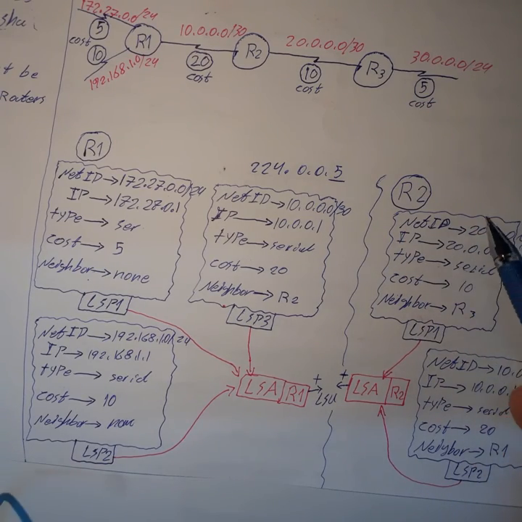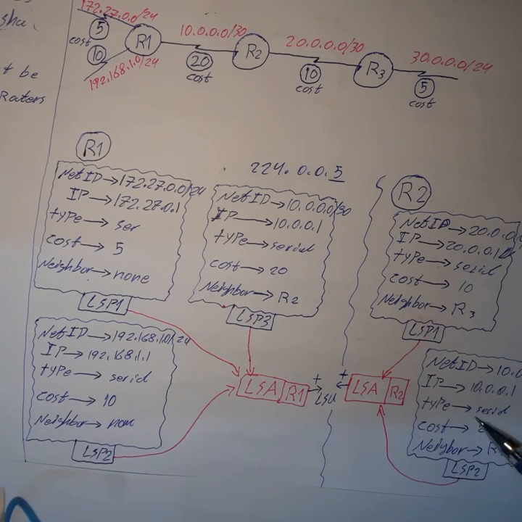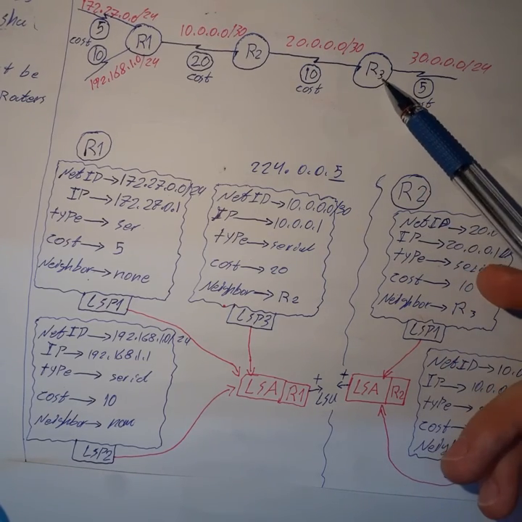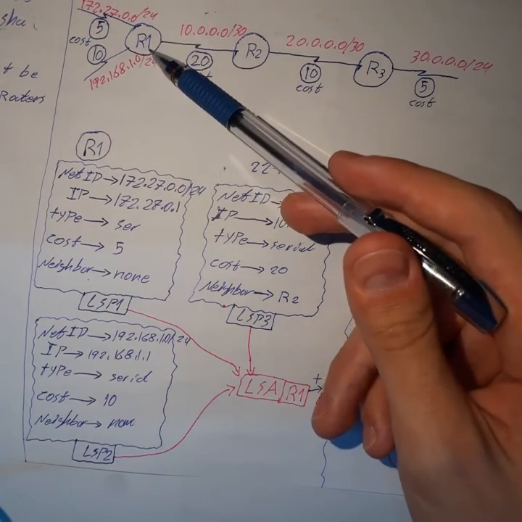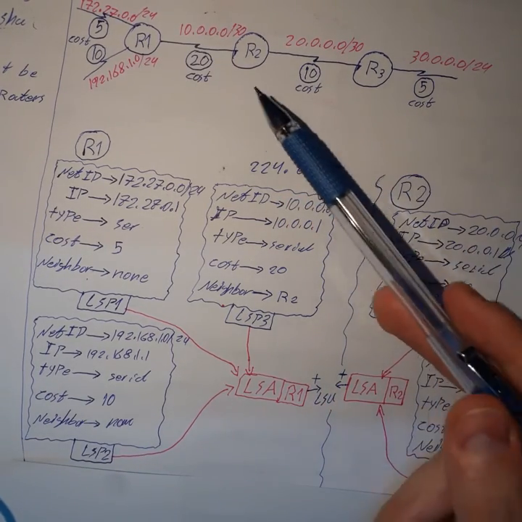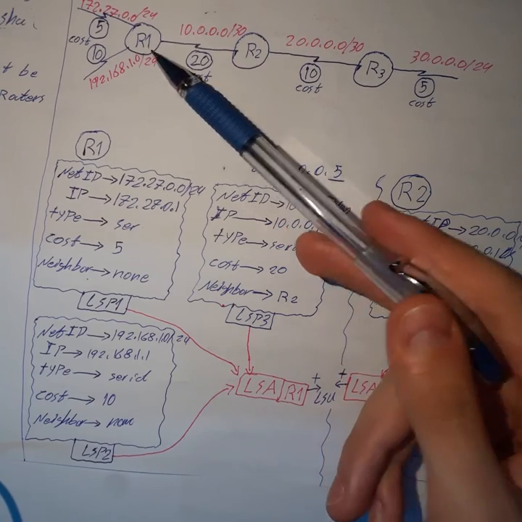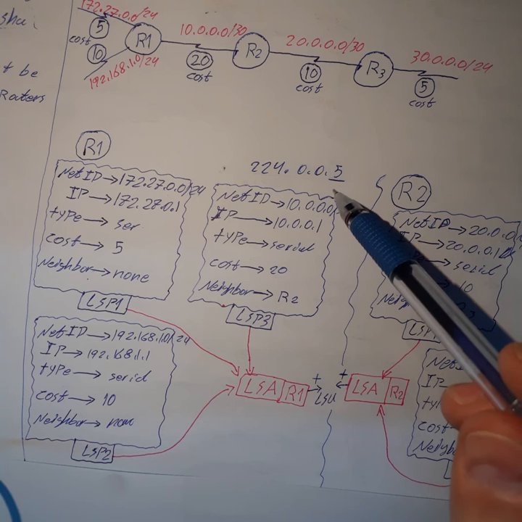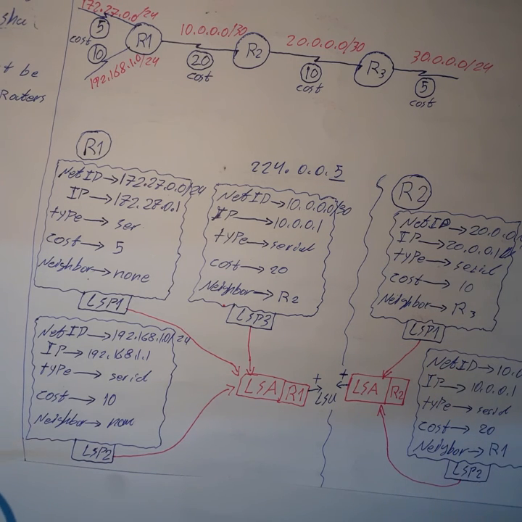Now router 2 has the same information about itself. It will send it to its neighbors, so it will send it to router 3, and also it will send it to router 1. Now router 1 will delete all the same information that it has and received from router 2.